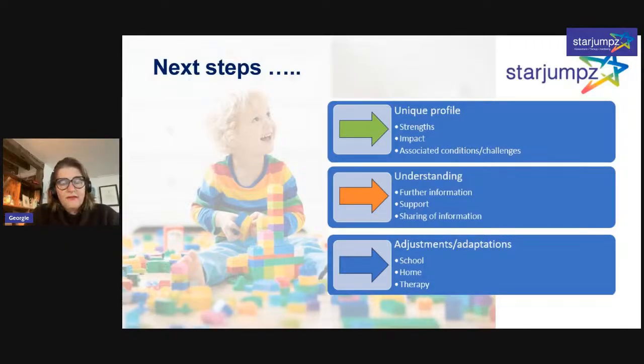So I feel that it's really important that you get a profile of your child: what their strengths are, what we as professionals see as their strengths, what we see as the challenges, what we see as the impact, and why this group of conditions is having this impact.